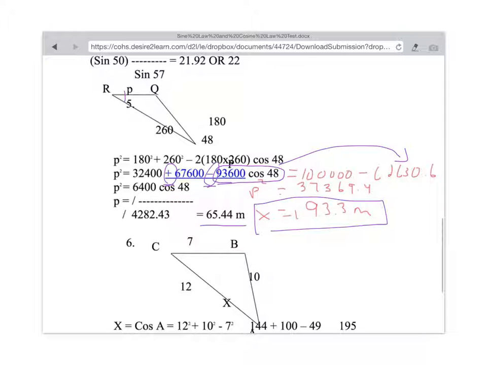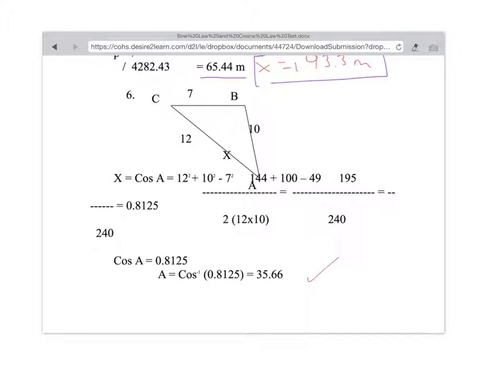But 65 seems like a very small distance from R to Q compared to the other distances that we were given. It's only 1/3 of 180, for instance. And so if that seems like it might be out of line with the scale or the values that you're given for the other sides, it's usually a good idea to check and make sure that you haven't made a mistake somewhere. Okay?